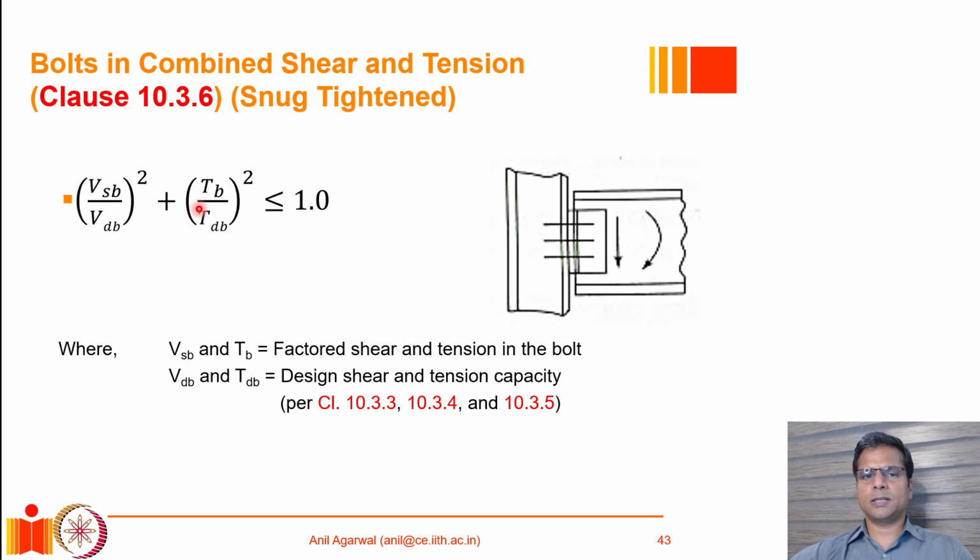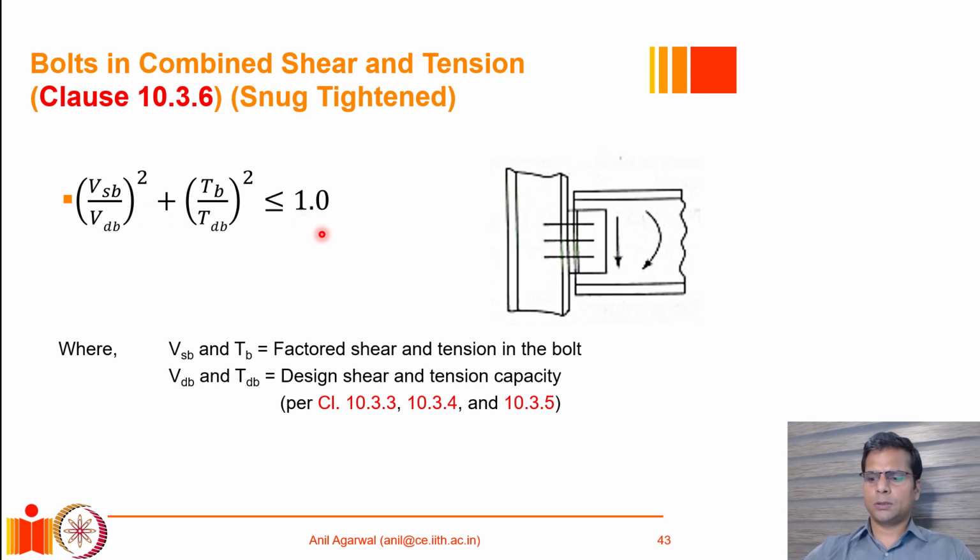The tension capacity is calculated as if there is no shear force acting on the bolt, and the shear capacity is calculated as if there is no tension acting on the bolt. By the way, these capacities already include the material factors of safety, so these are design strengths. Then in this interaction equation, we take the ratios and square both terms, and the summation of the two should be less than or equal to 1. This is the interaction equation.